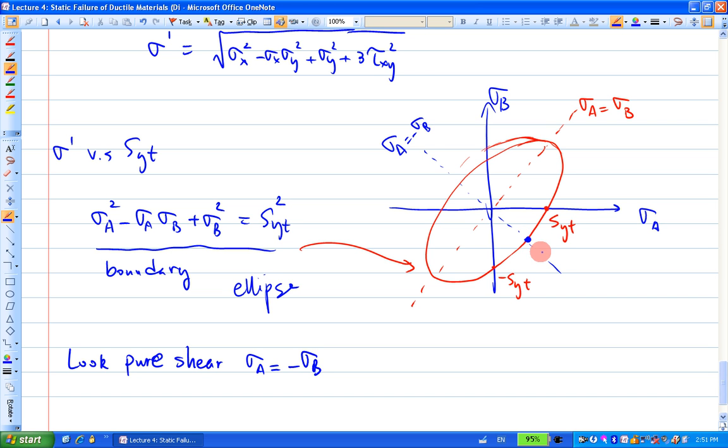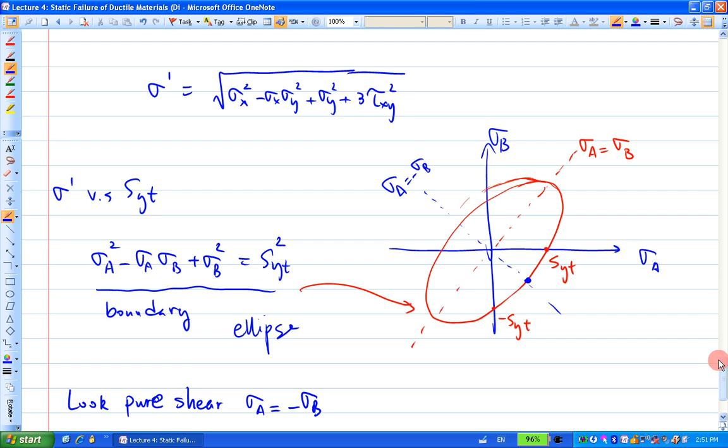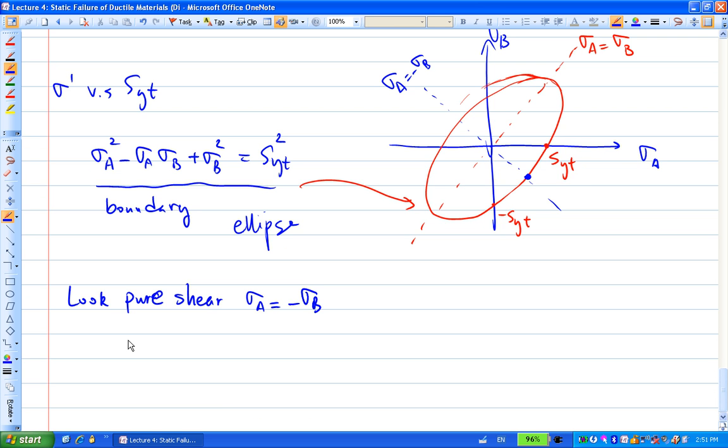So let's solve this line with this equation. I'm not going to solve it here, but it can be easily solved for these two lines. So when you solve this, what happens is, pure shear is this, right?